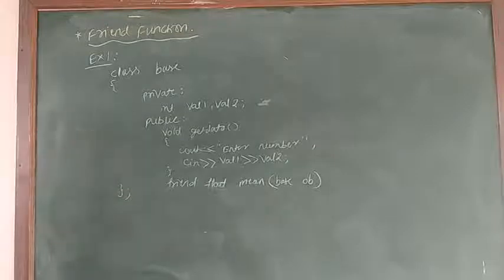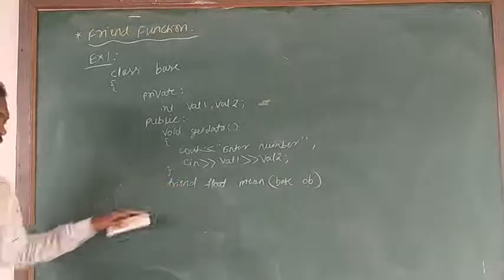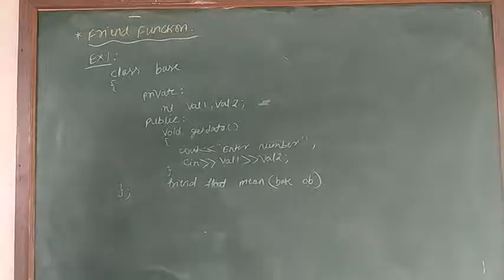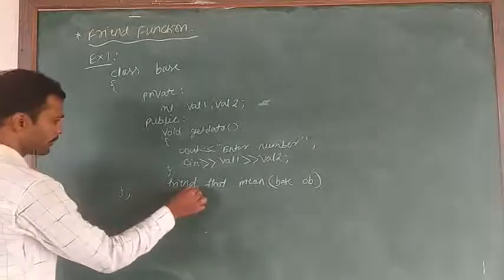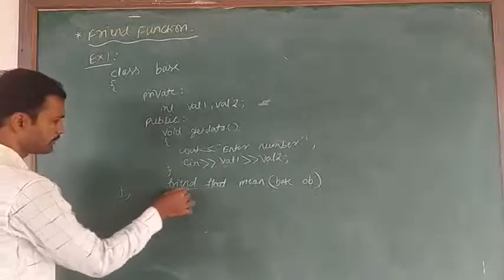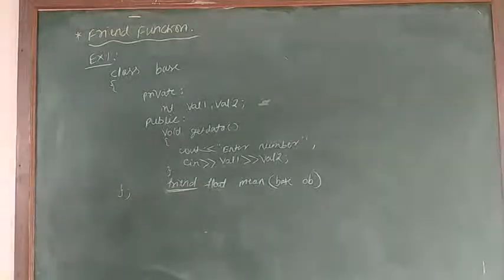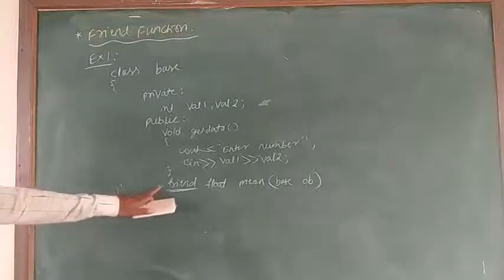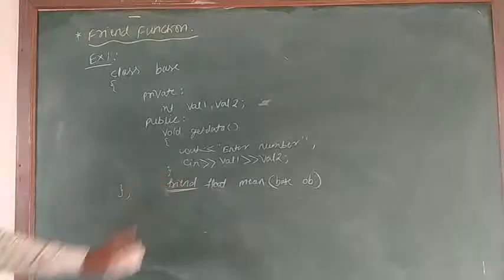Class is closed. Now we have to define the friend function outside the class. Okay. While declaring we have to use the keyword friend, but for defining there is no use of friend as a keyword.